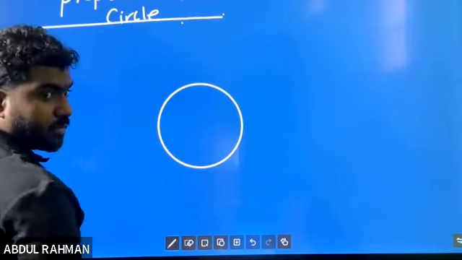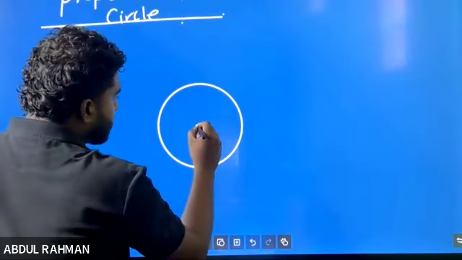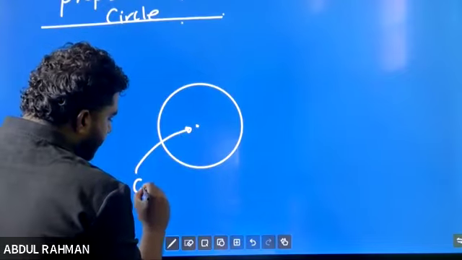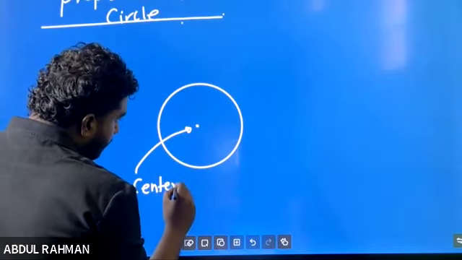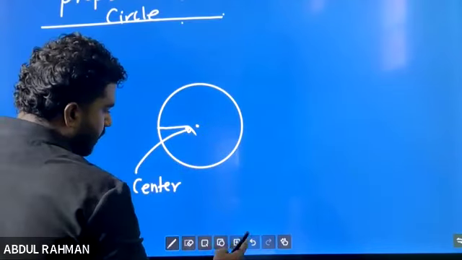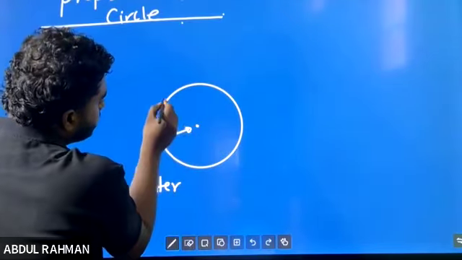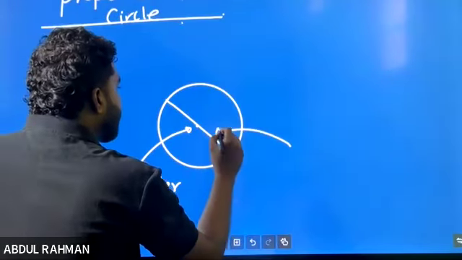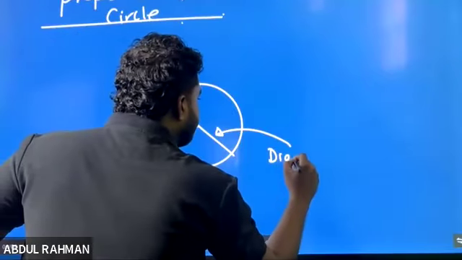Properties of a circle. Draw a circle and mark this as your center. This one as your diameter.